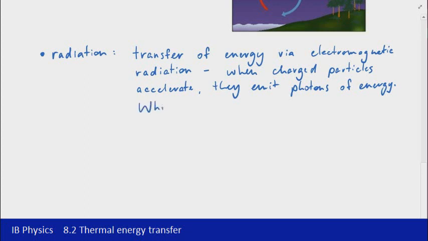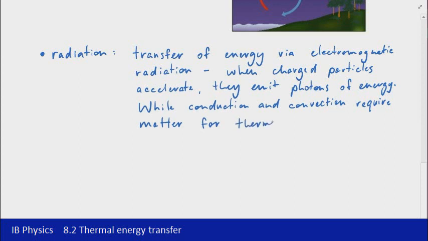So it's an important point to note that while conduction and convection require matter to travel through, radiation does not. So we can have energy being transferred from the sun, whereas conduction and convection actually require matter to be present in order for the thermal energy to be transferred that way.